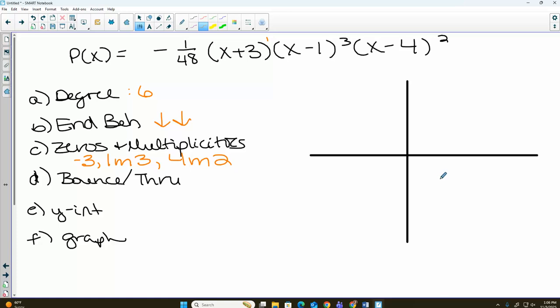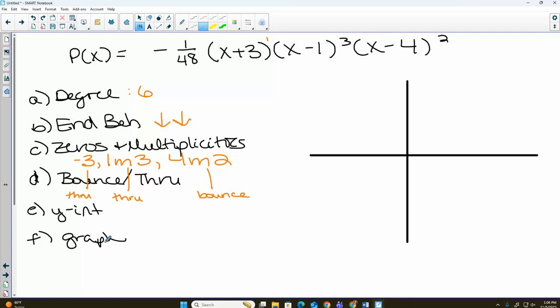Okay, bounce or through, how do we decide that? If they're even or odd multiplicities. So negative 3 had a multiplicity of 1, 1 is odd, so that one goes through. 1 had a multiplicity of 3. 4 had a multiplicity of 2.